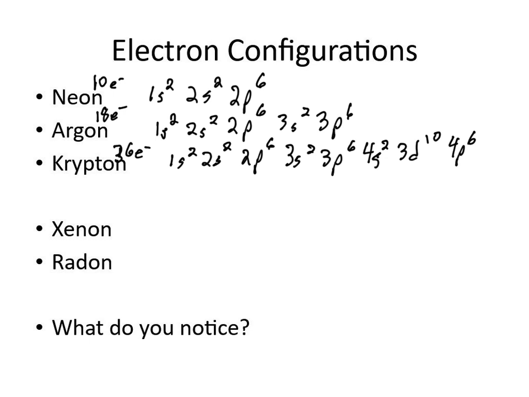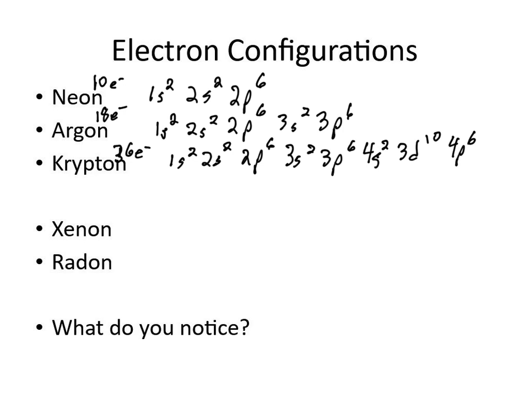What are you guys noticing that I'm doing every time I'm going through these configurations? There's a P at the end of every one of them. And the P is full. The P is always full, okay? And then what do we notice about the starting of it? 1s. Yeah, we're all starting the same way every time.